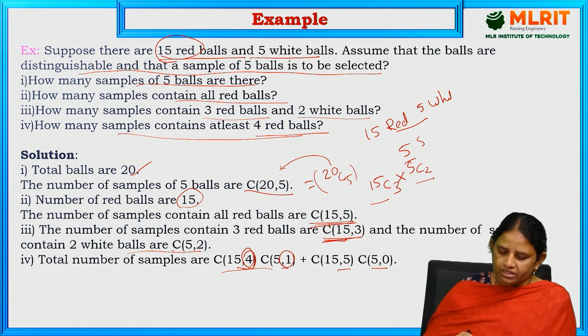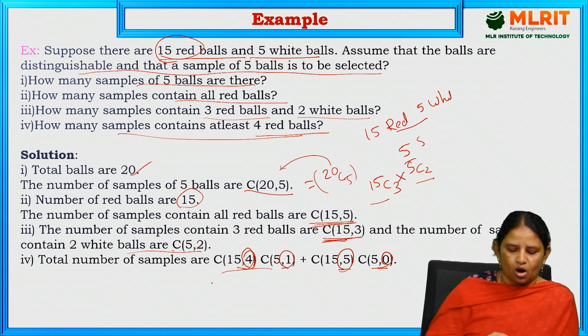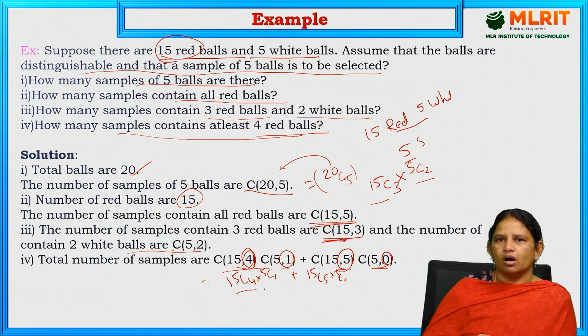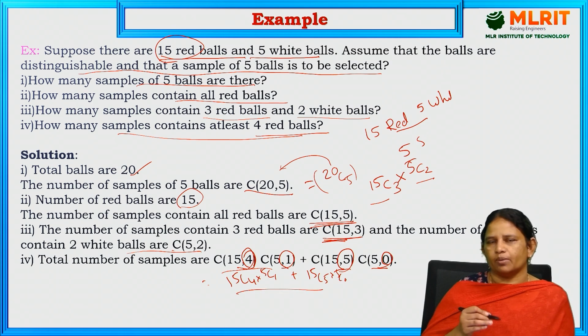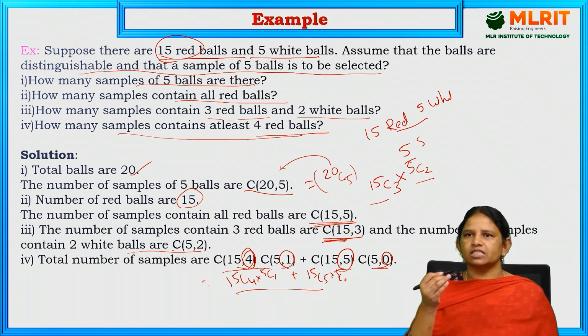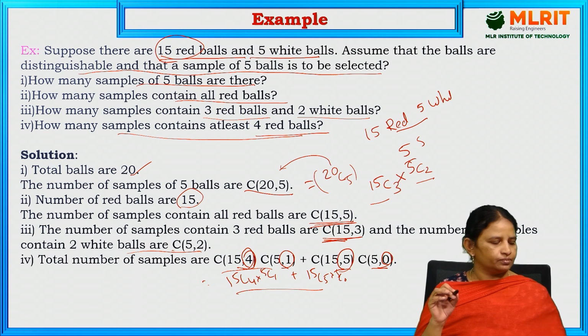Or all 5 are red balls, with 0 white balls. Total ways: 15C4 into 5C1 plus 15C5 into 5C0. After finding this value, that many ways we can get the total number of samples which contain at least 4 red balls.